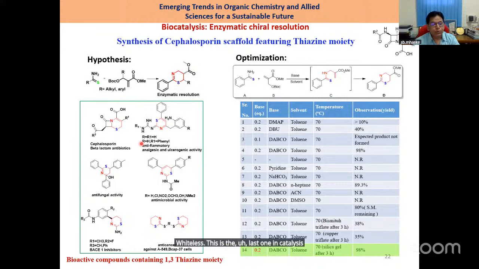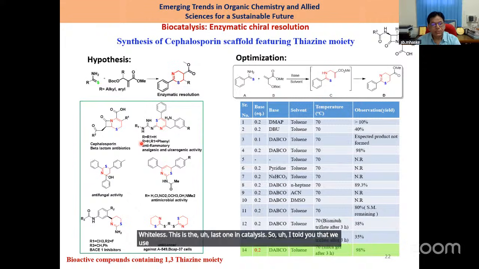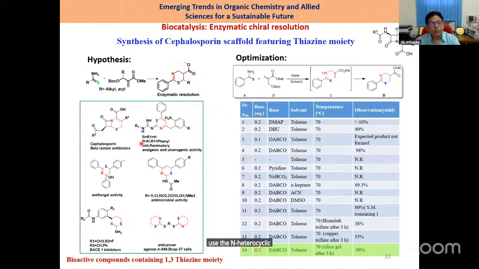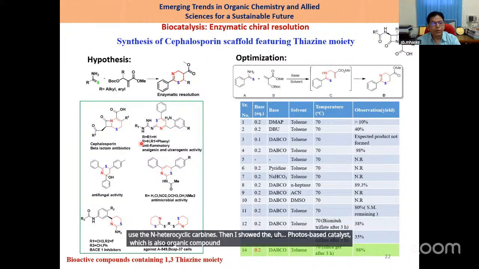So I told you that we use organocatalysis, wherein we have used N-heterocyclic carbenes. Then I showed the photoredox based catalyst, which is also an organic compound, and then biocatalysis.